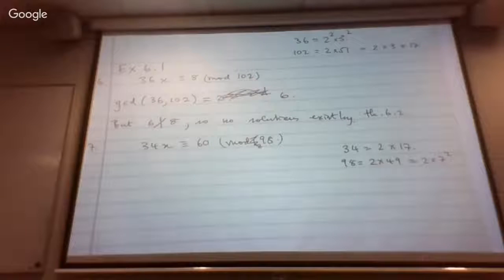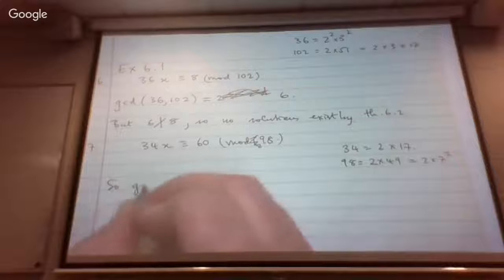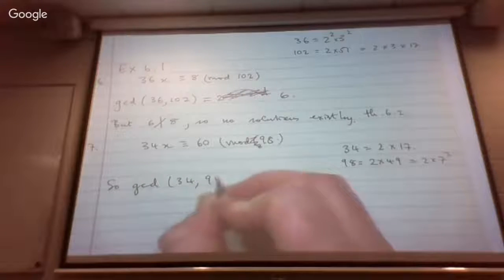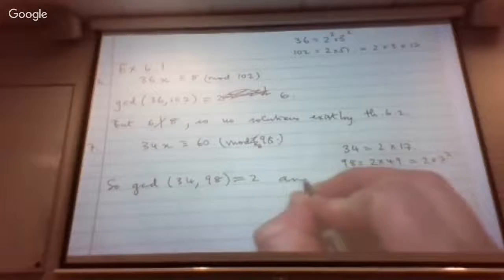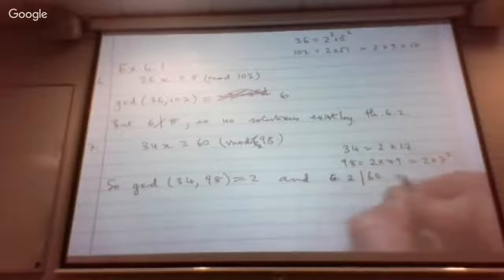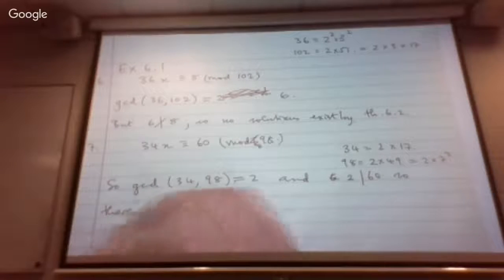Okay, so you can see the GCD there is, of course, 2. Yeah. 2 is the overlap of the prime factorizations. You could use Euclid's algorithm for sure. You would get the same result. So GCD is 2, and 2 does divide 60. So there are solutions to be found.